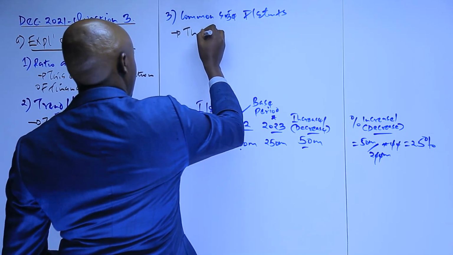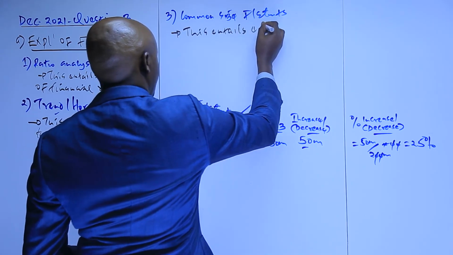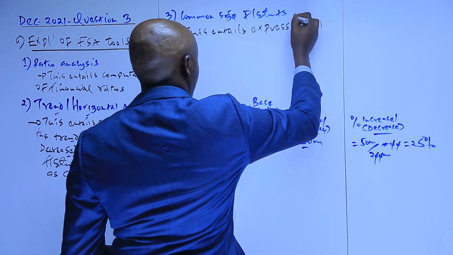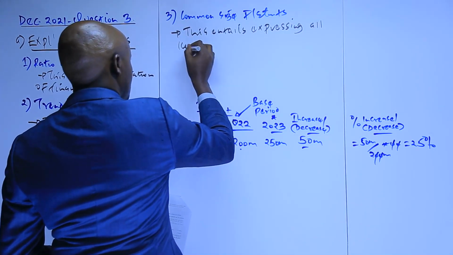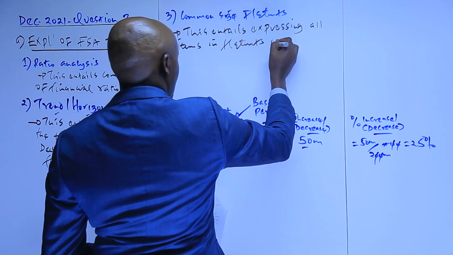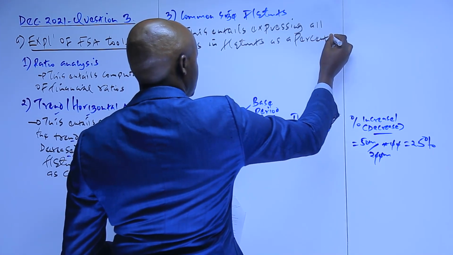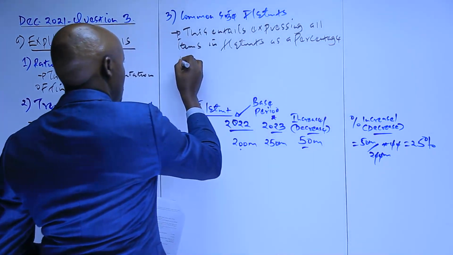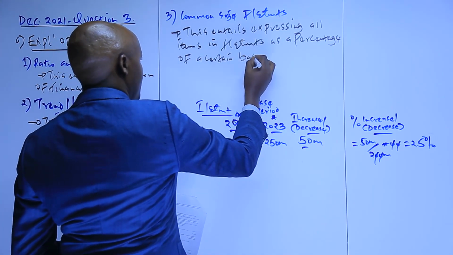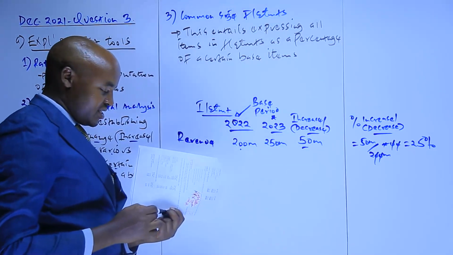So we can say these entail expressing all items in financial statements as a percentage of a certain base item.